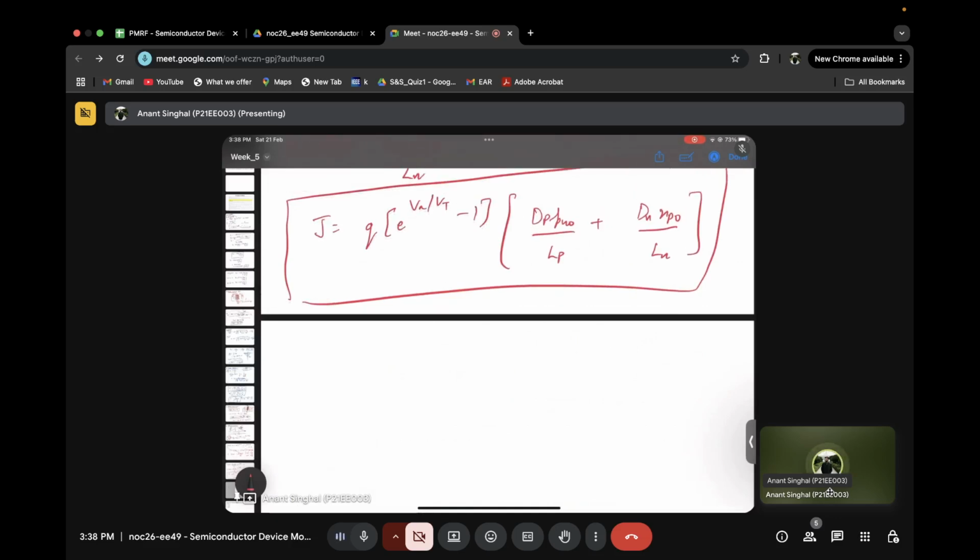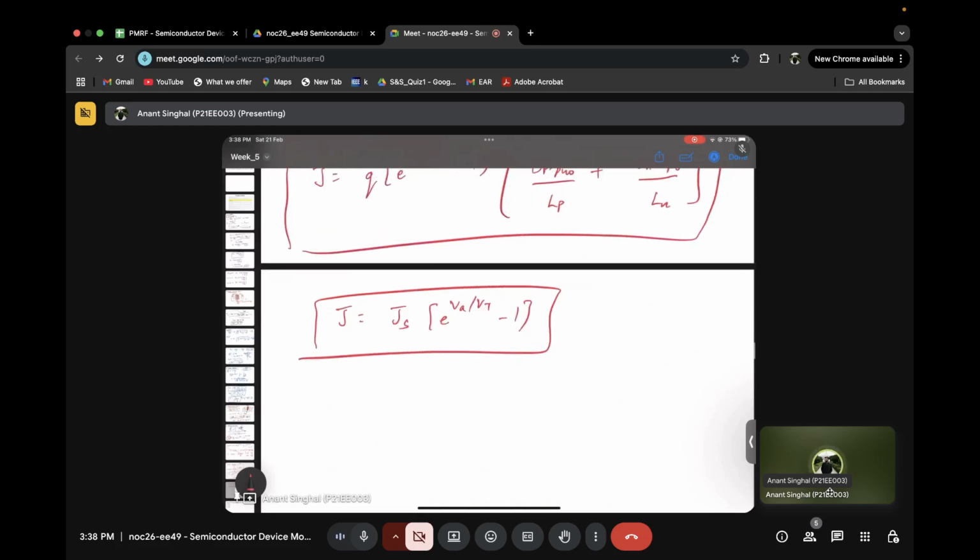So this is your final relation, and in short we write this as J equals Js, exponential of V over Vt minus 1. And here Js is completely this term, which is the current density. So Js will be this Dp p_n0 over Lp plus Dn n_p0 over Ln.